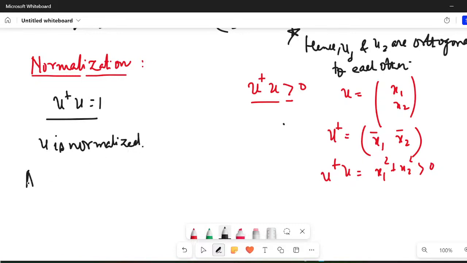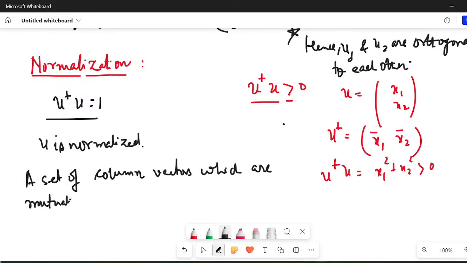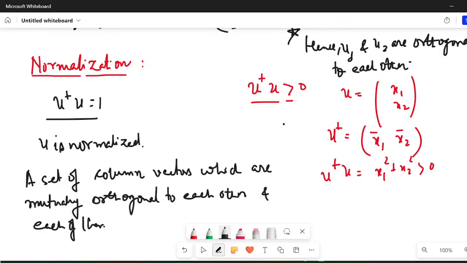Okay, so a set of column vectors which are mutually orthogonal to each other, and each of them can be normalized to unity.